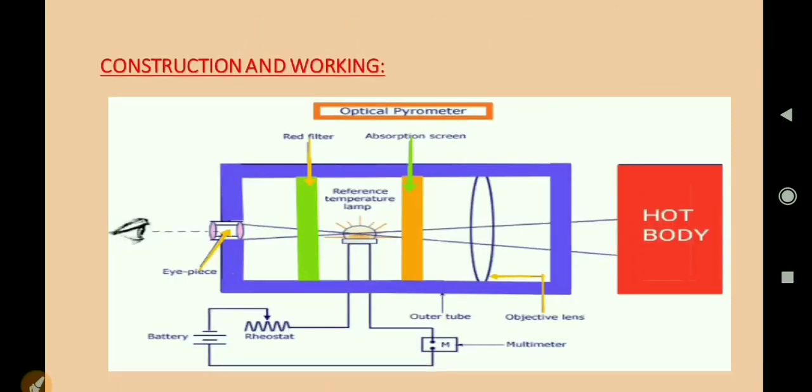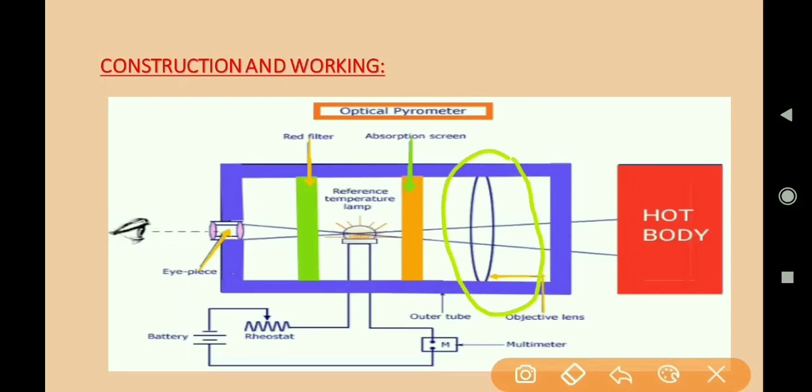Now, what are its construction and working? This optical pyrometer consists of a cylindrical tube. Inside the cylindrical tube, there is an eyepiece placed at one end, and an objective lens placed at the other end.